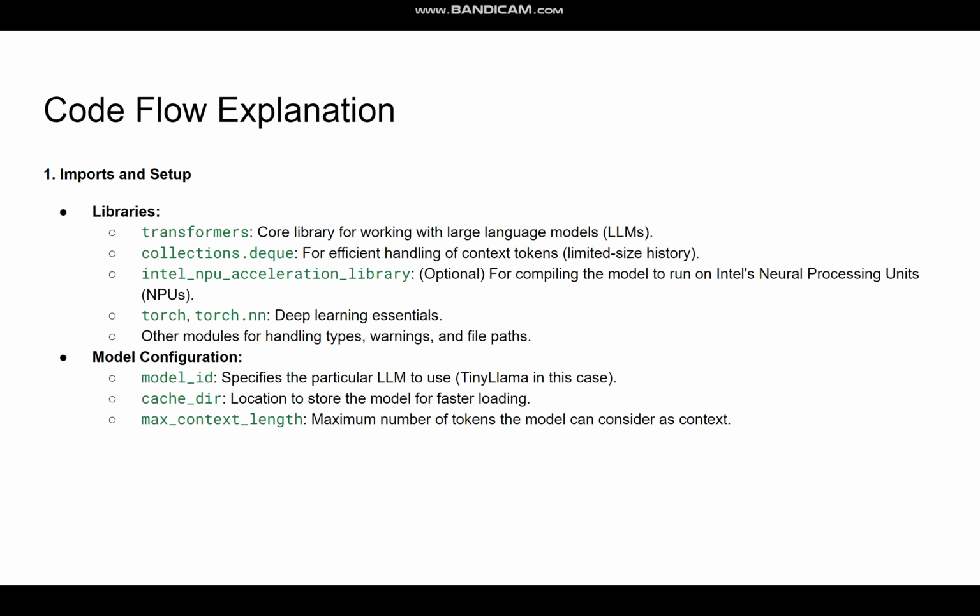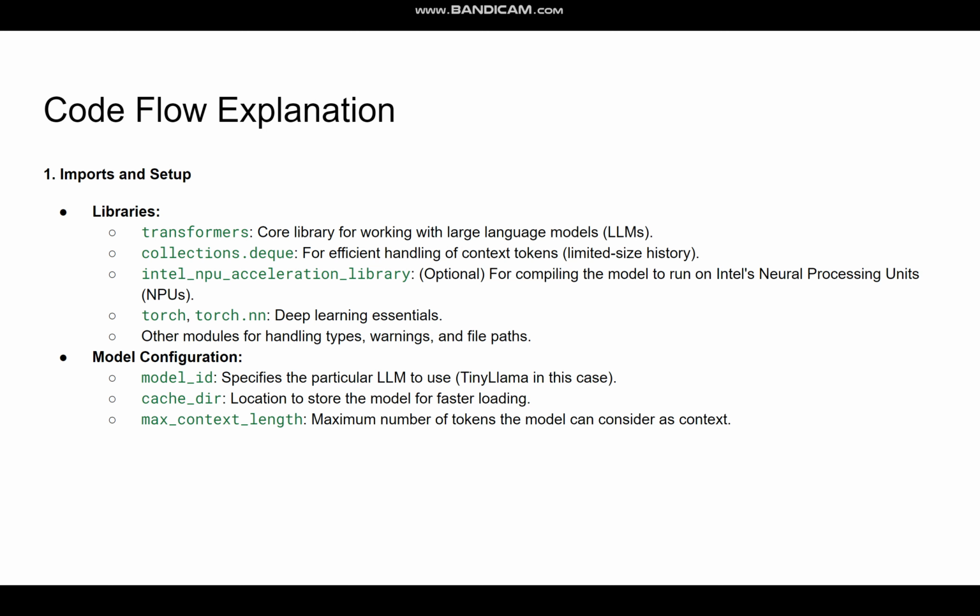As we can see from the code explanation itself, first of all we bring in all the libraries: the transformers library for working with large language models, collections deque for efficient handling of context tokens, and the Intel NPU acceleration library for compiling the model to run on Intel NPU. That's our target.